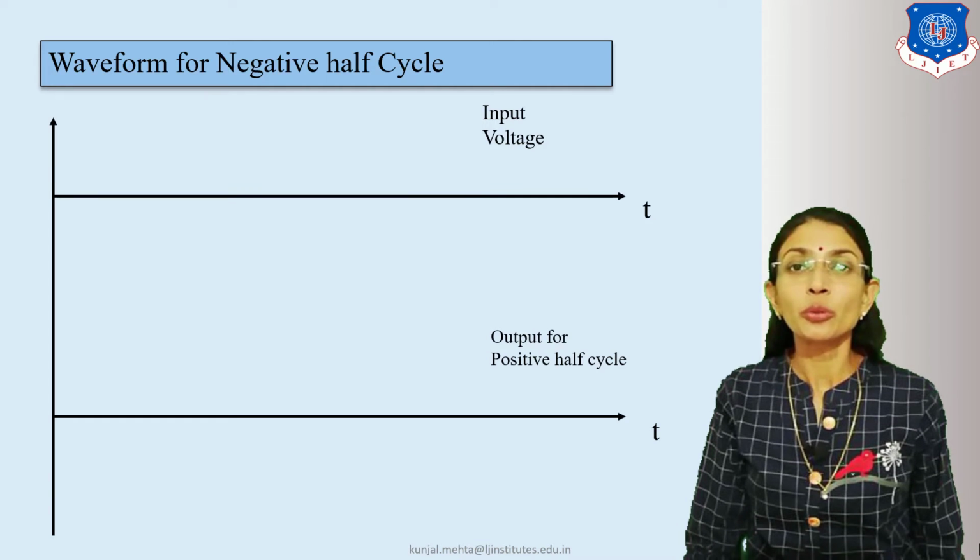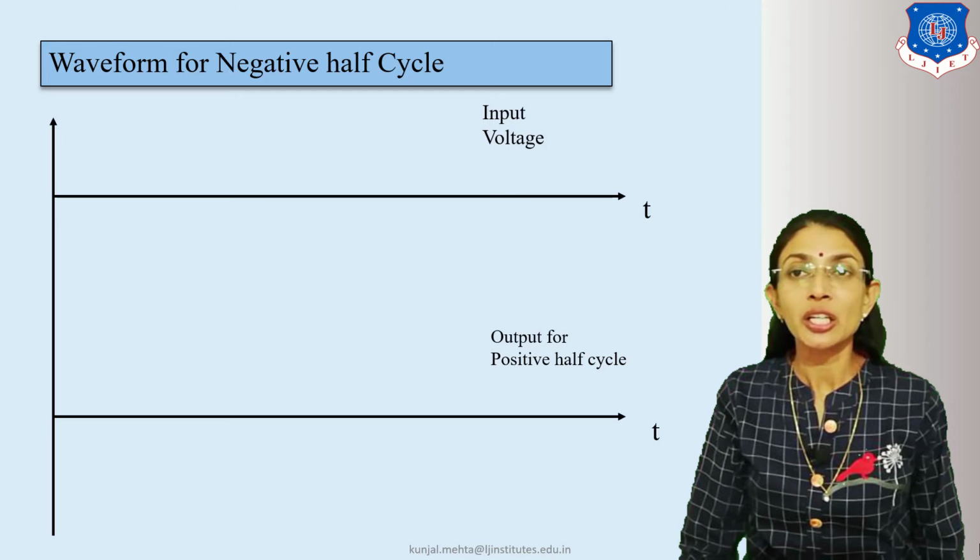If we want to draw the input voltage and output voltage for negative half cycle, first of all we will consider the sine wave at the input.